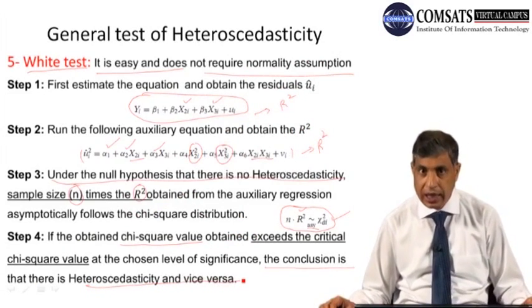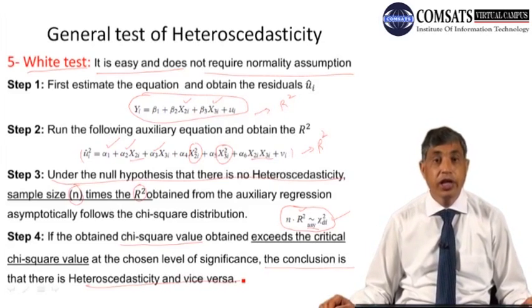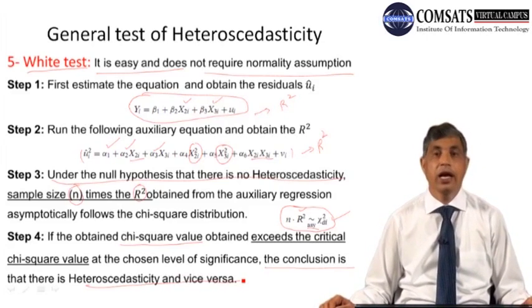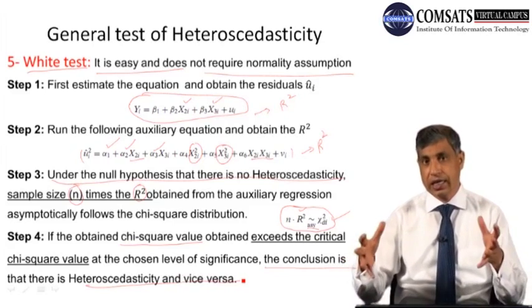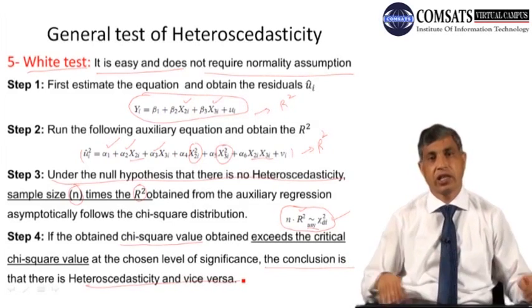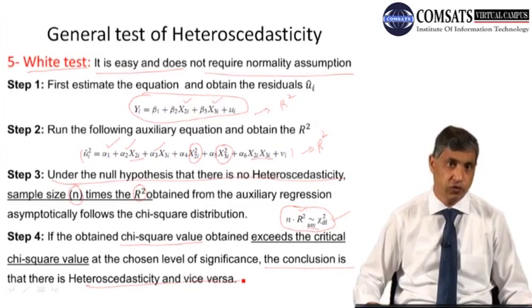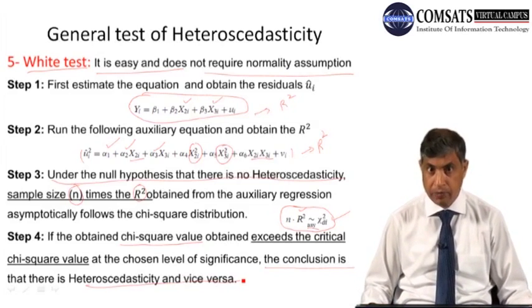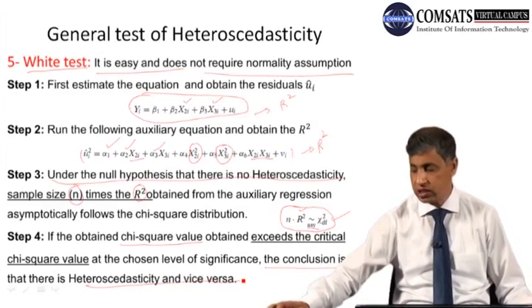If we reject the null hypothesis, there is heteroscedasticity, and if we cannot bring enough evidence to reject the null hypothesis, we say we are unable to reject it, and there is homoscedasticity in the data.